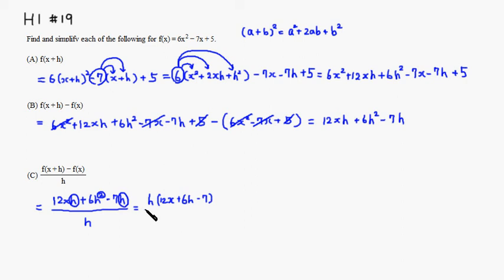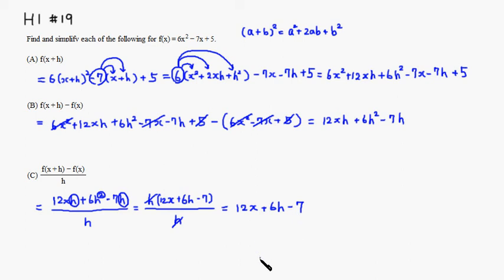And divide this whole thing by h. So h divided by h is 1, so we can cancel those out. And what's left is simply 12x plus 6h minus 7. So that's that.